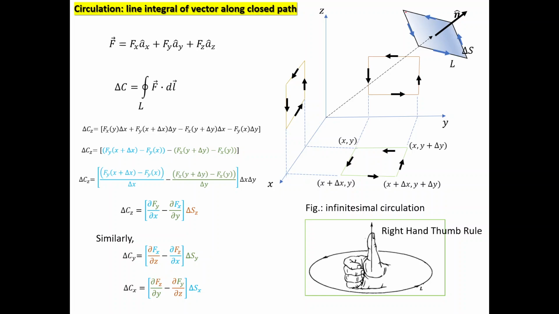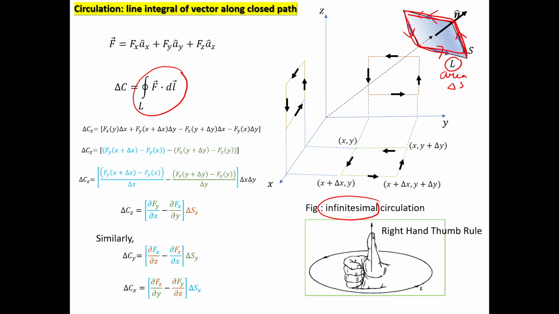Let's say there is a very small infinitesimal area del S, and this is bounded by a contour of length L with a circulation in this direction, and we are interested in obtaining the circulation of this vector field.